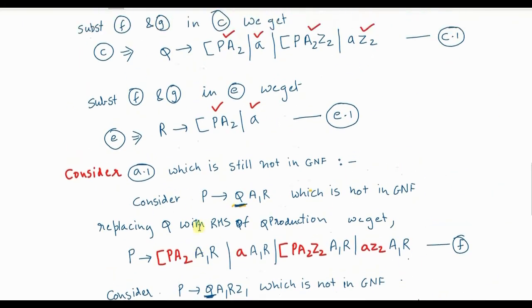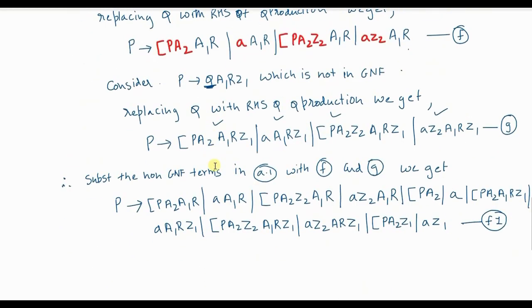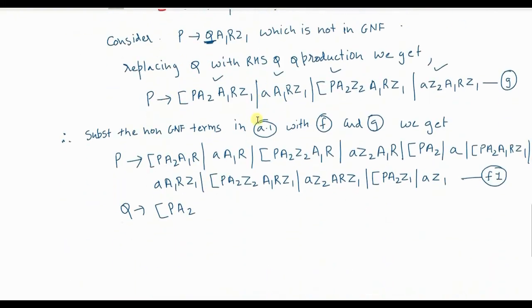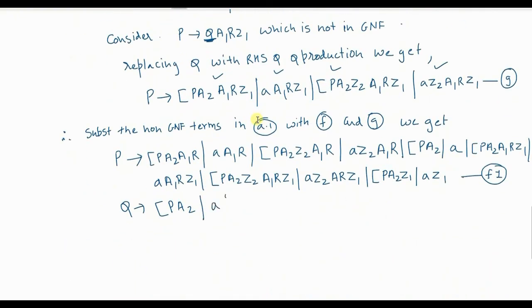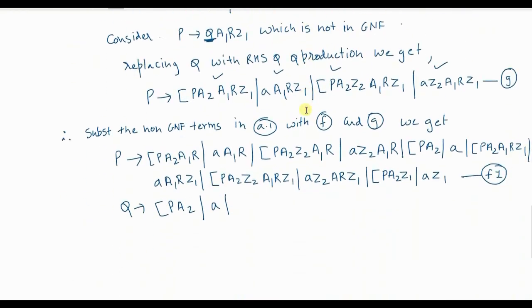All these terms are there, so the new Q production can be written as Q gives bracket PA2, or A, or bracket P(A2)Z2, or AZ2. So I will just call this F2.